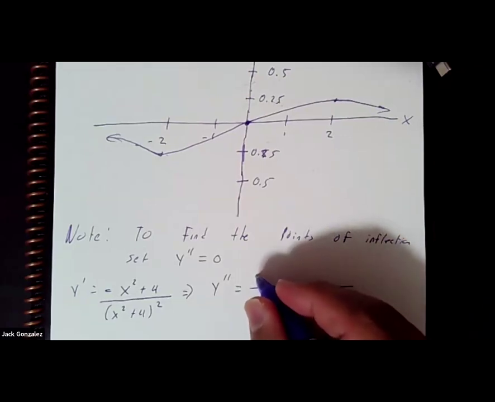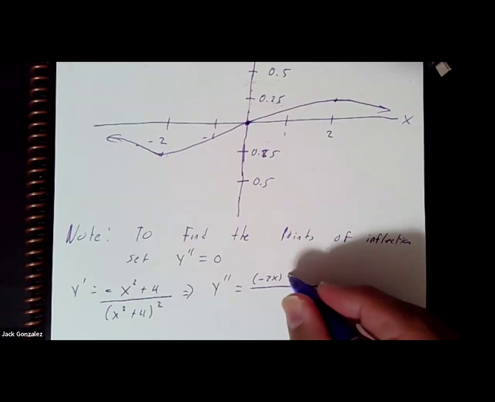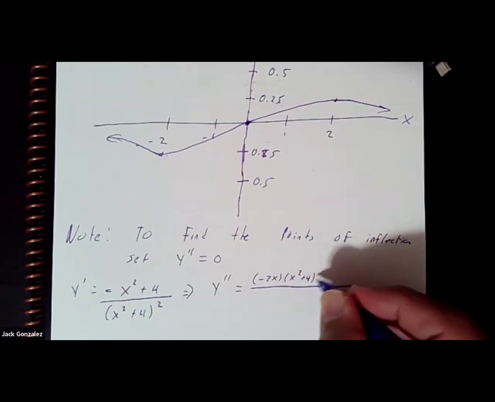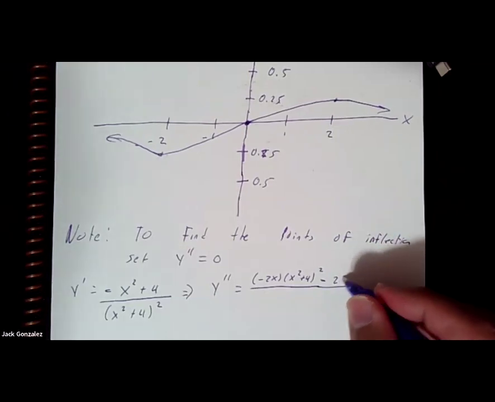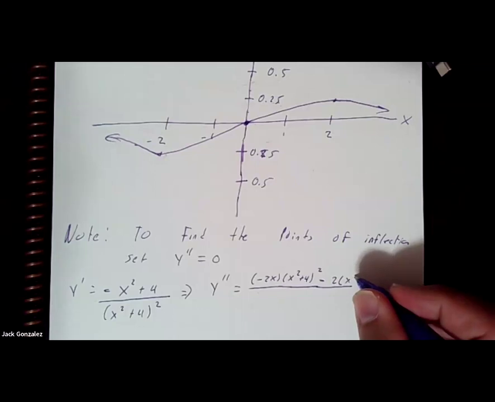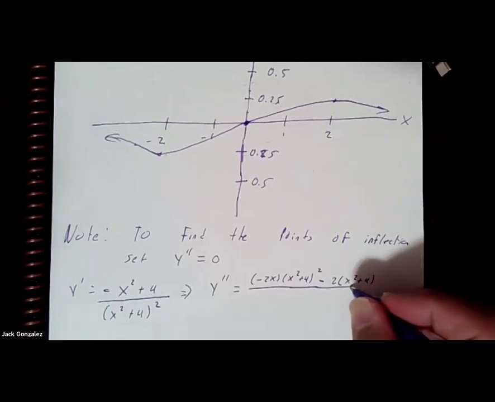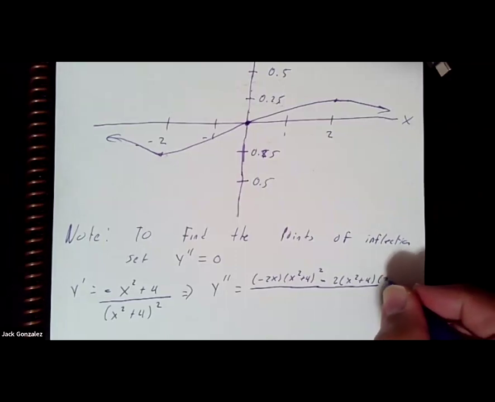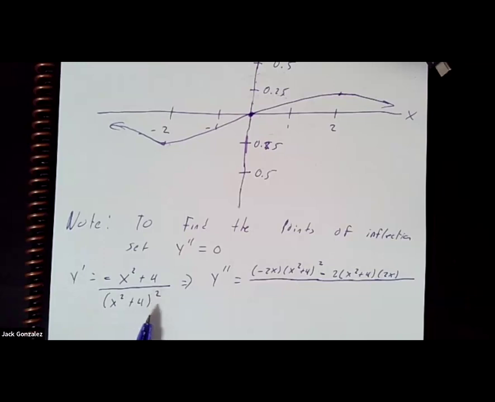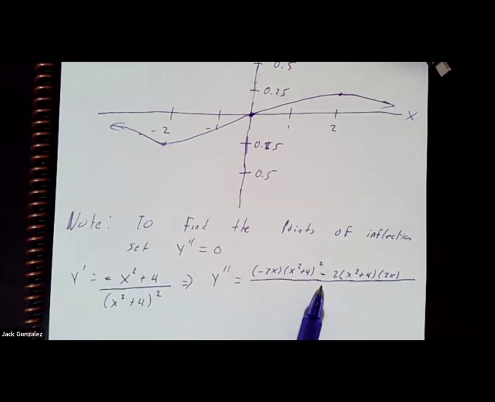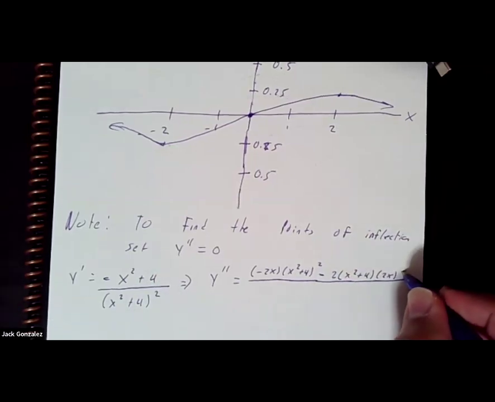So it should be derivative of the top, which is negative 2x, times the bottom, minus derivative of the bottom, which is 2 times this garbage, times this. Derivative of that, times derivative of the inside. Minus is built in. Times the derivative times the top. So it'll be another piece here.